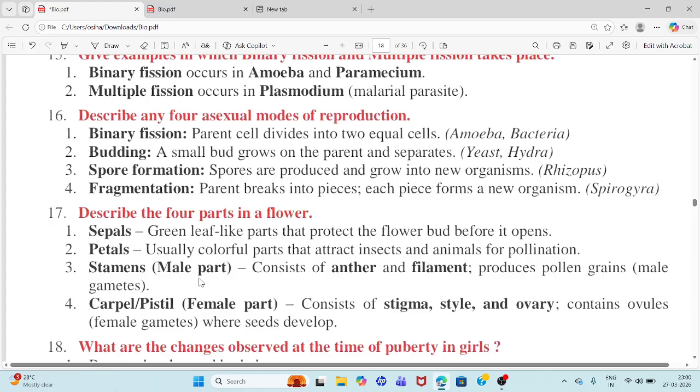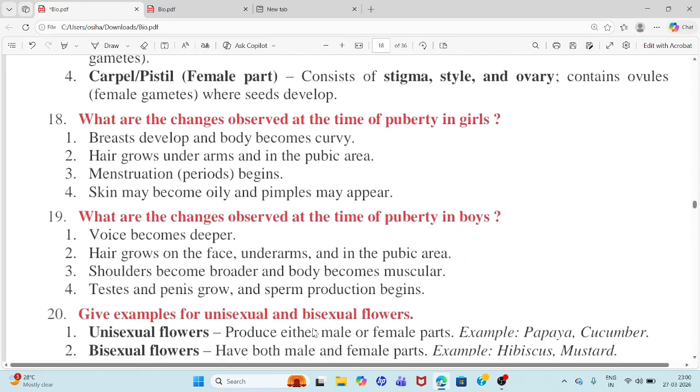Stamens are the male part. Pistil is the female part. Stamens consist of anther and filament, and produce pollen grains. Pistil consists of stigma, style and ovary. The ovary contains ovules where seeds develop.